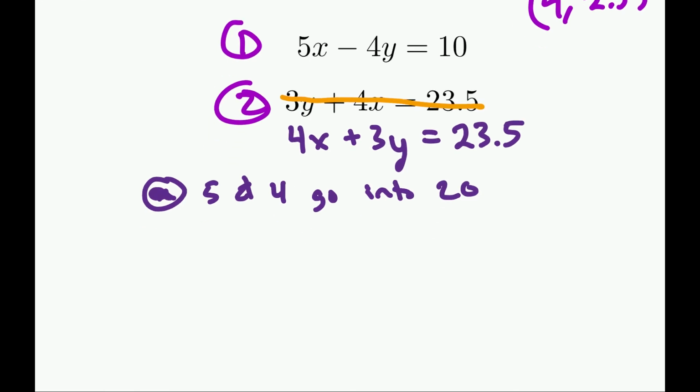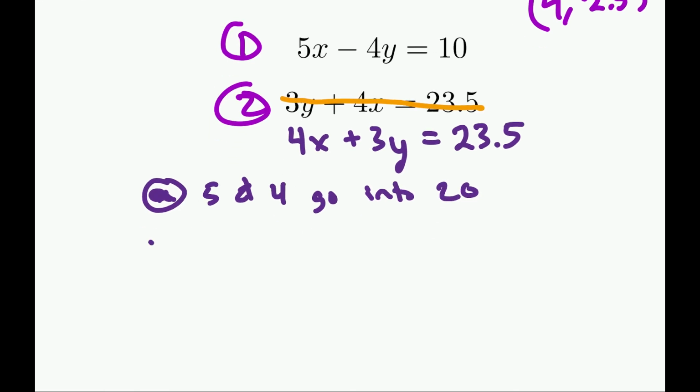So what I'm going to do is I'm going to multiply the first equation by 4. The reason I'm going to do that is because when I multiply the 5 here by a 4, it's going to turn into a 20. That's why.